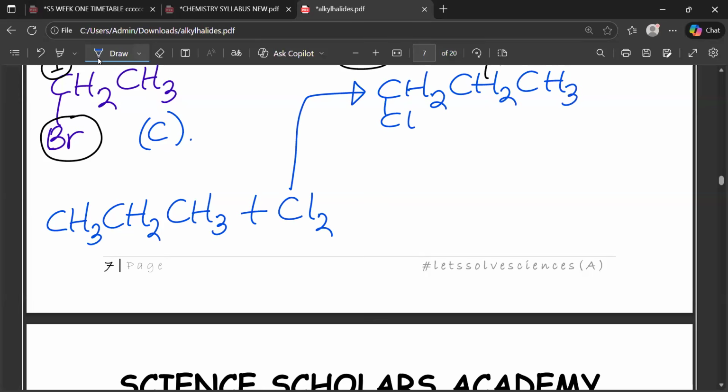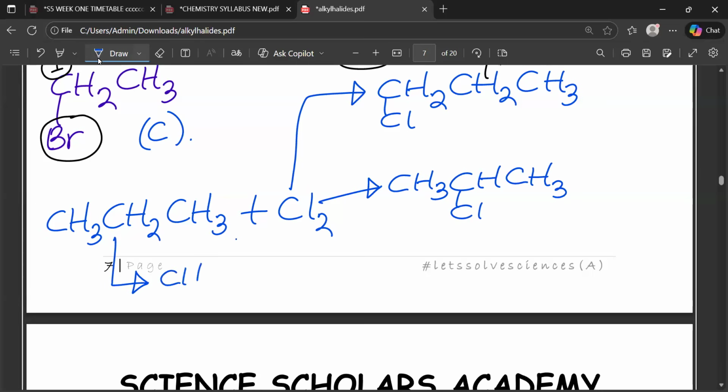There's a possibility of the replacement happening on the second carbon, so that from CH2 we have CH, and then also Cl here. Then lastly we have CH3 like that. Then there is also another possibility, of replacing the last one.